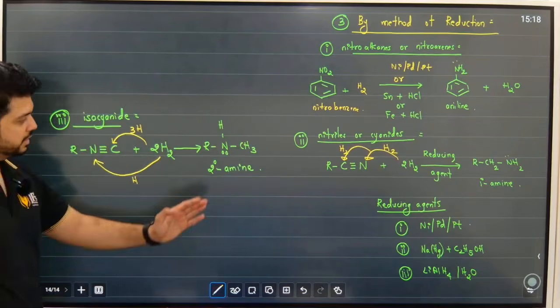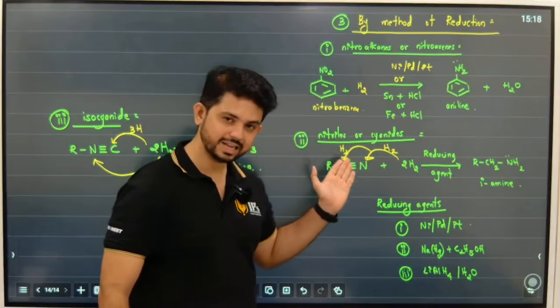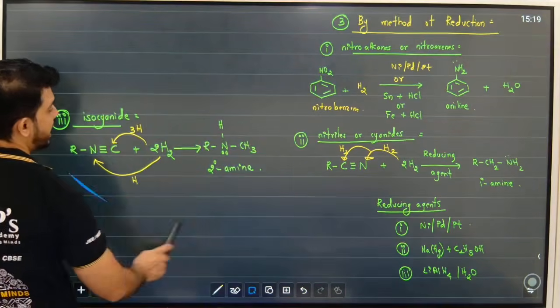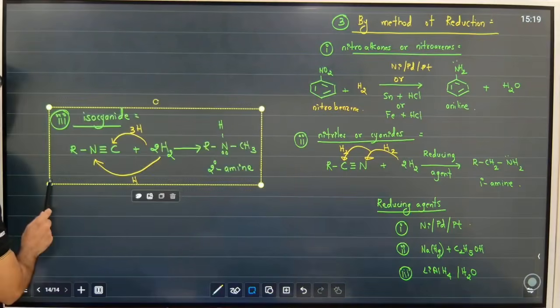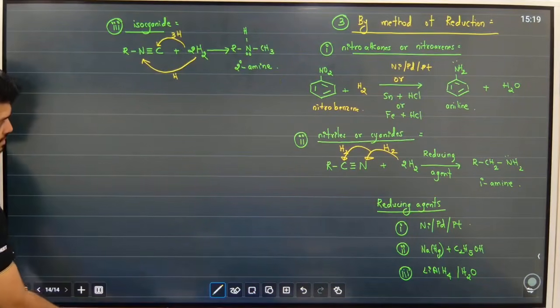So cyanides or alkane nitriles on reduction will produce primary amines, but isocyanides or carbylamines on reduction will produce secondary amines.